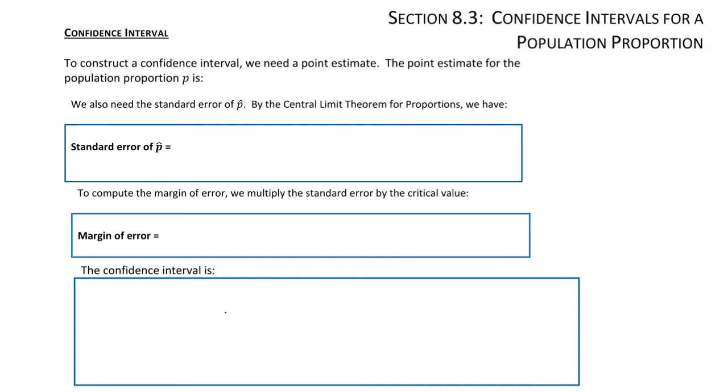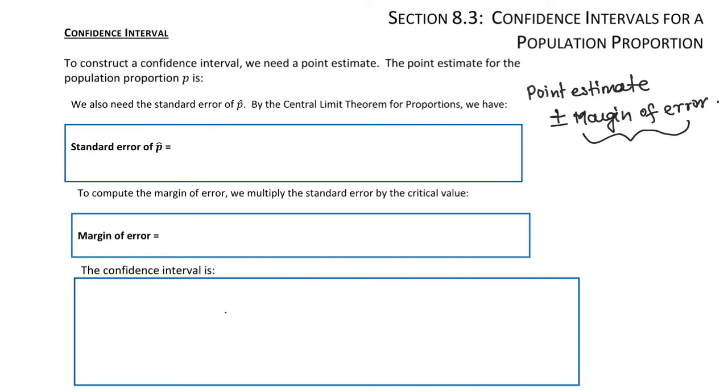So now let's construct the confidence interval. The confidence interval is similar to the previous sections. Same formula, the point estimate plus or minus the margin of error.